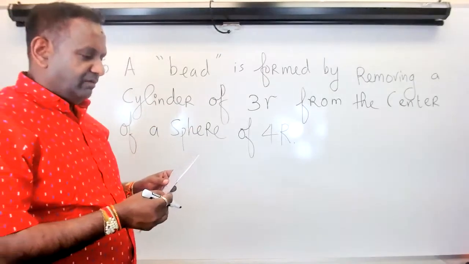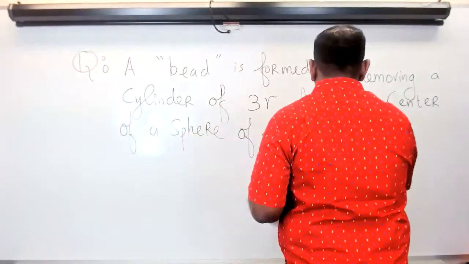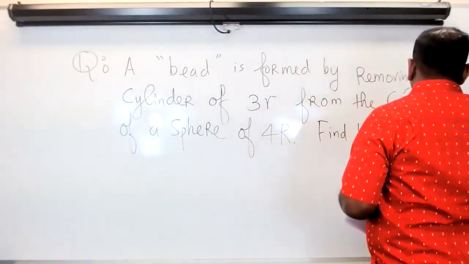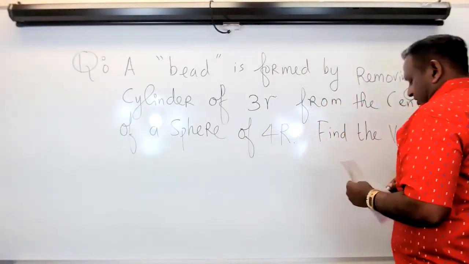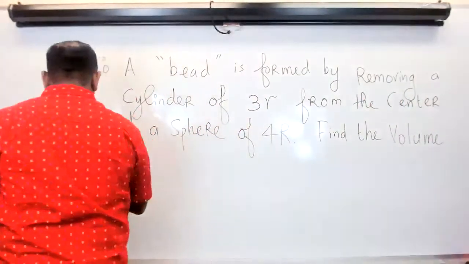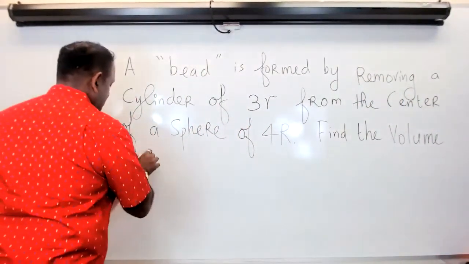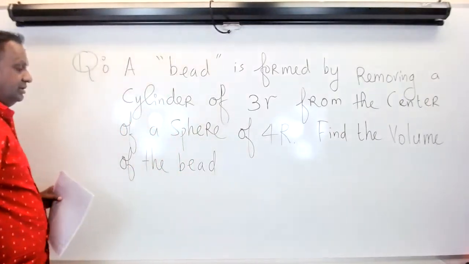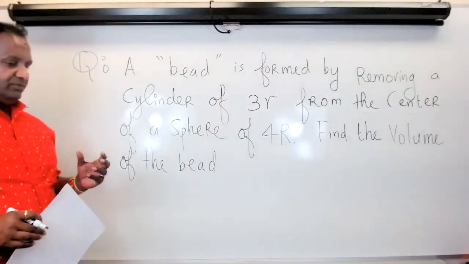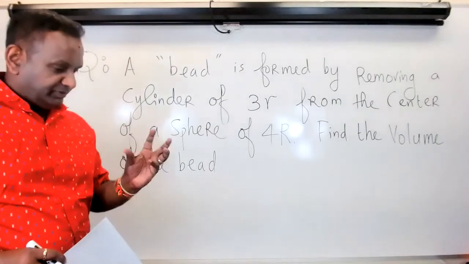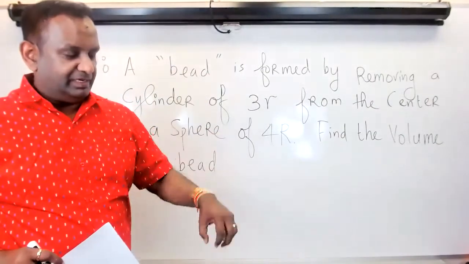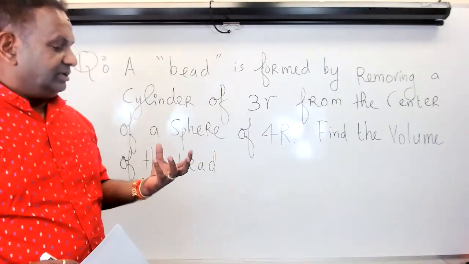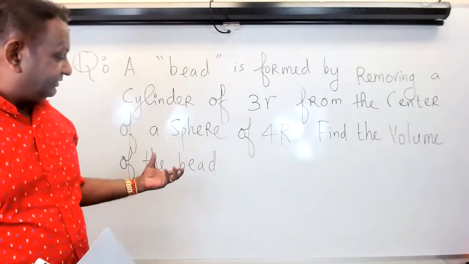Find the volume of the bead. They are forming a bead from a sphere by removing a cylinder from the center. Then the leftover has some volume, and that's the volume they are eyeing.